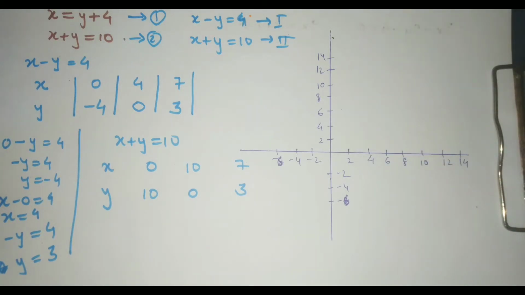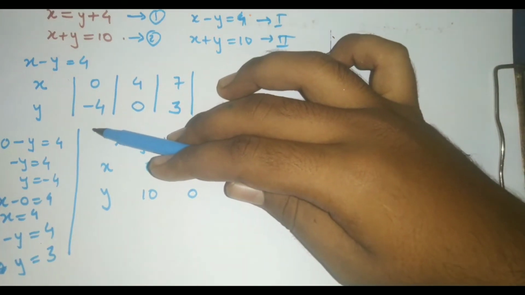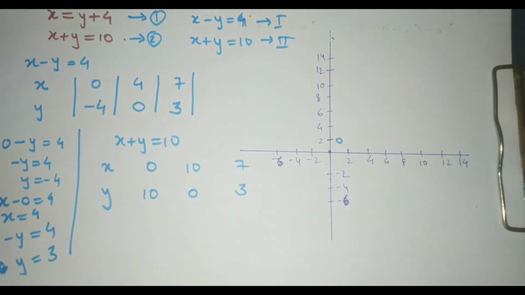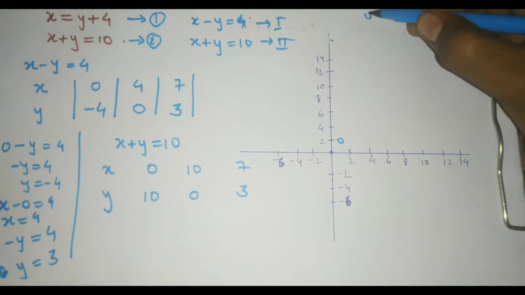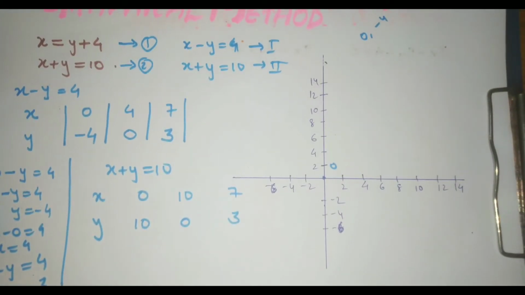Okay, now here you can see 0 comma minus 4. So this is the 0 point, the origin, fine. So 0 comma minus 4.